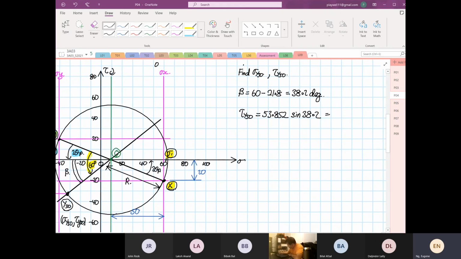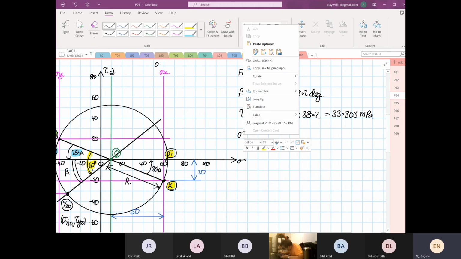This will be equal to 53.852 times sine 38.2, so it's 33.303 megapascal. Let me do it again. 53.852 times sine 38.2 is 33.303. Yes.